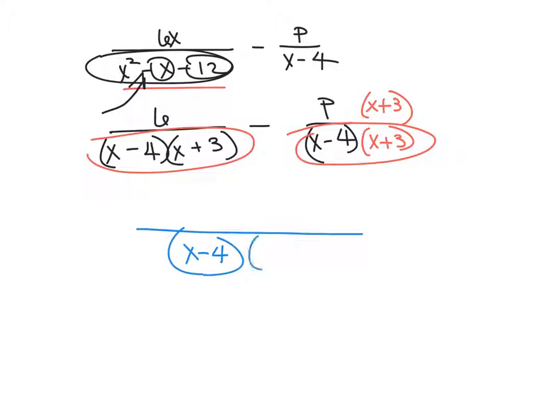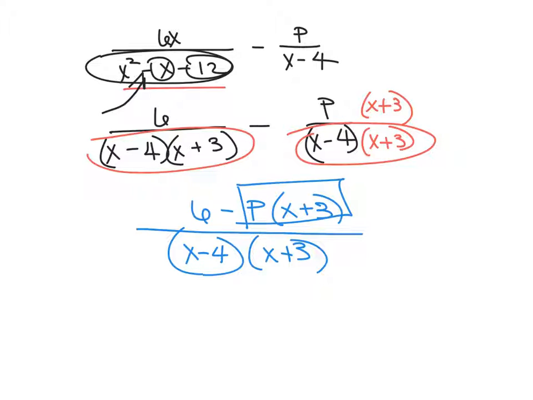The denominator is now common. It's underneath both of them. And then I have 6 minus p times x plus 3. What we're going to do with that p times x plus 3 is go ahead and distribute here and here.